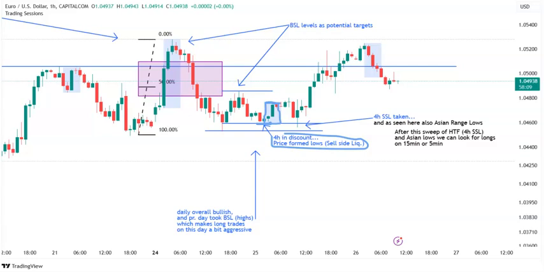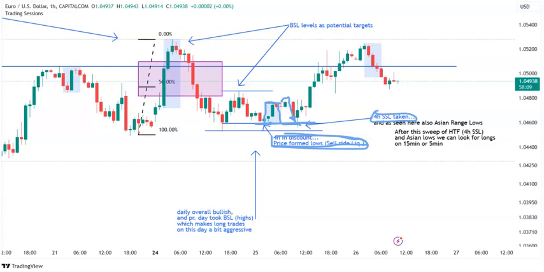Before London opened, we saw a nice move to the upside, and then price turned around. It took the Asian session lows, it took the 4-hourly spike, the sell side liquidity. As I wrote here, the 4-hourly sell side liquidity was taken, as well as the Asian session range lows down there.